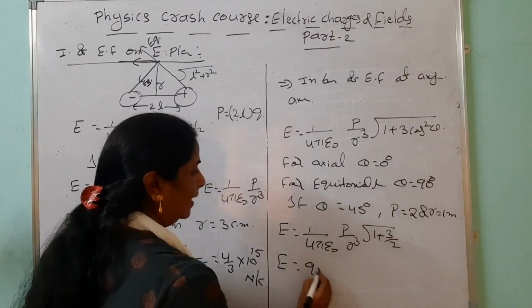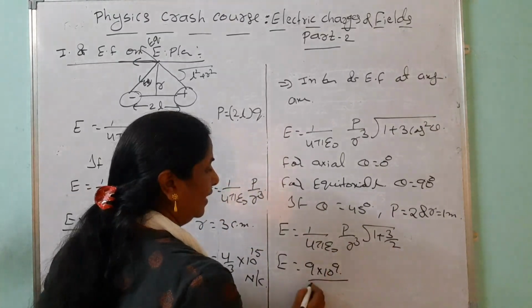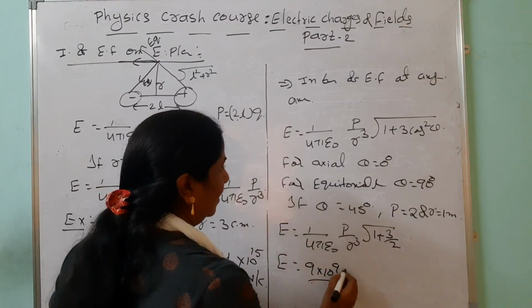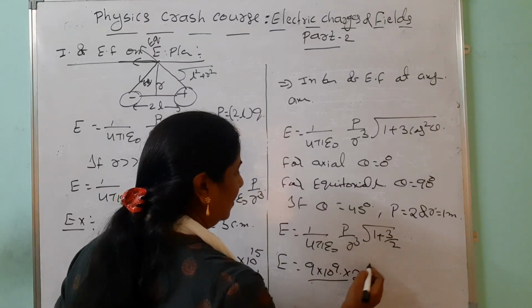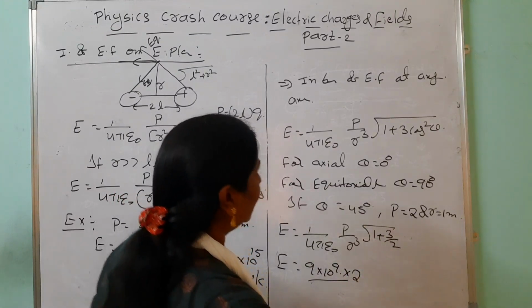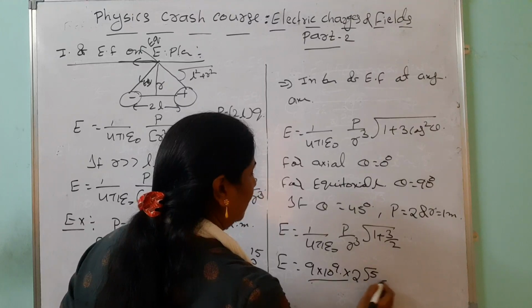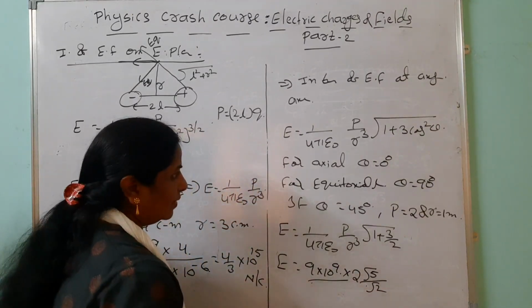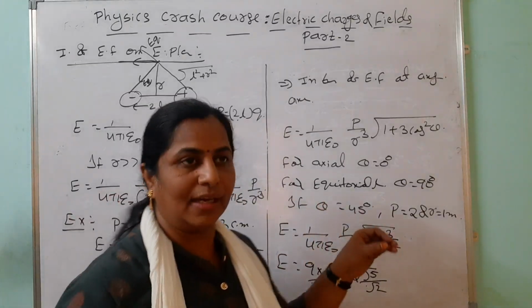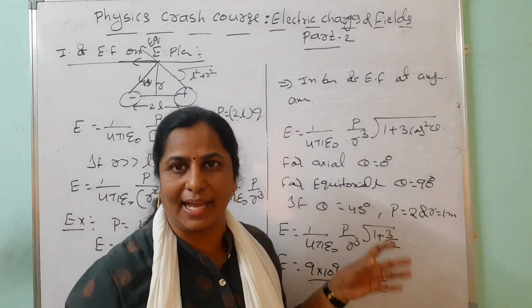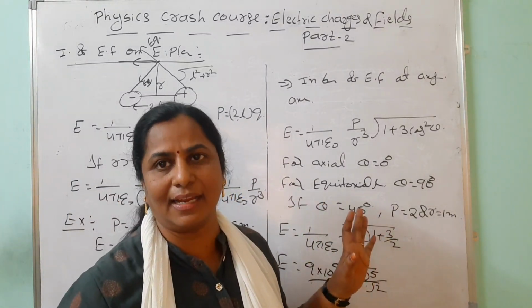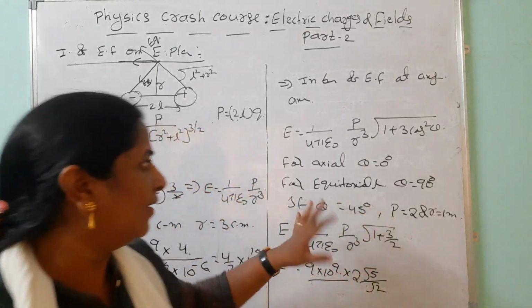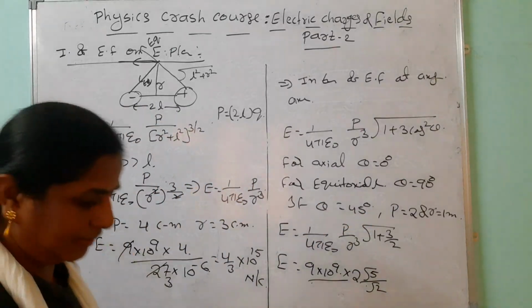Then 9 into 10 to the power of 9 divided by r cube, which is 1, and p is 2, into under root, this is how much? Under root 5 by under root 2. Like that we have to do the calculations. So with the help of this concept we can find the intensity on the equatorial plane, axial line, or at any angle.